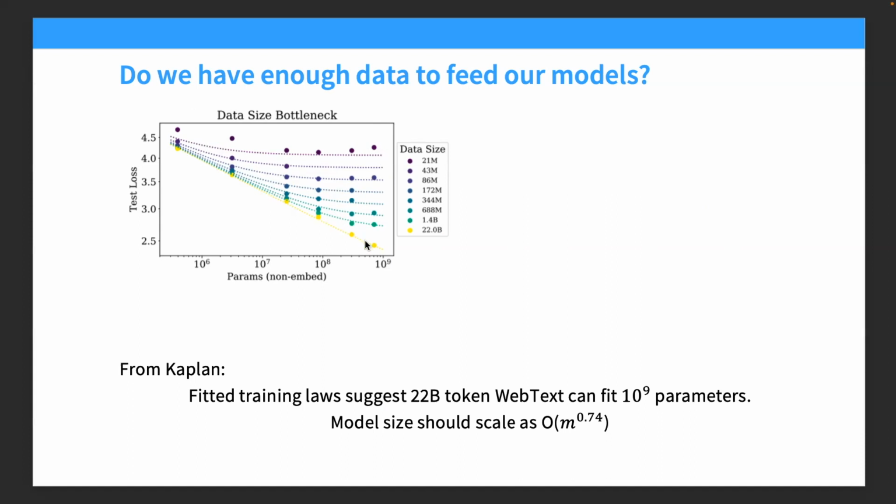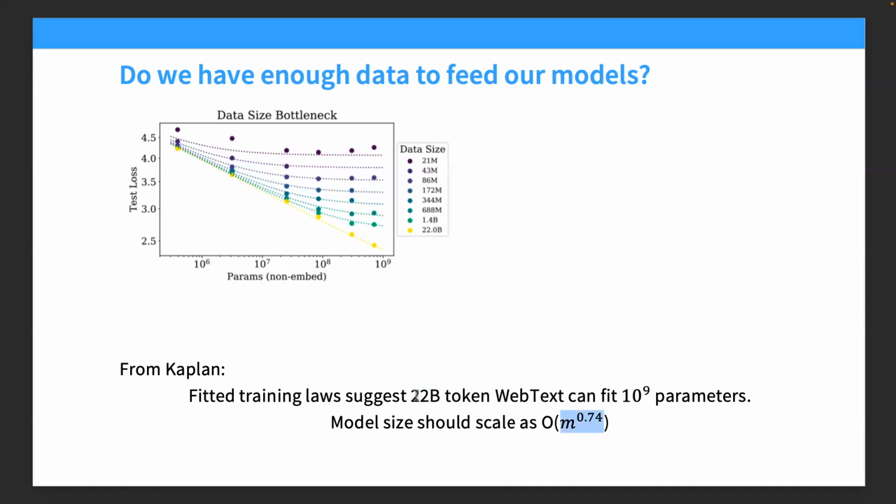You need to allocate more resources to collect more data so that the performance can improve. People also identified another empirical law to see, given the data size, what the optimal model size is. This is your number of tokens in your data, and this is what your model size should be.